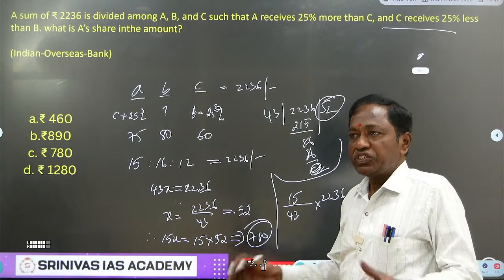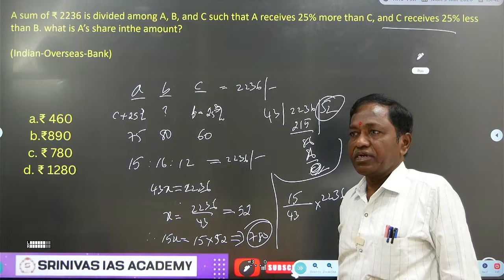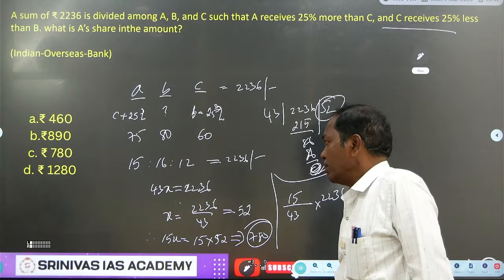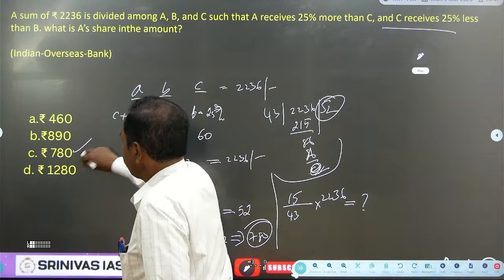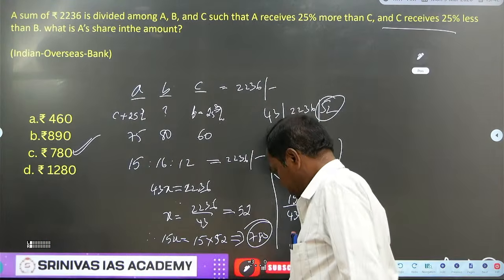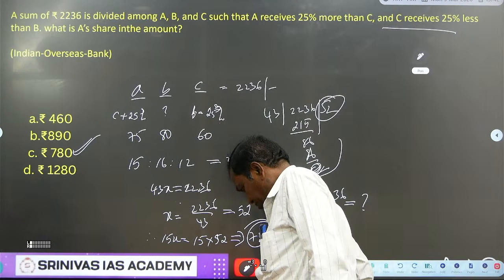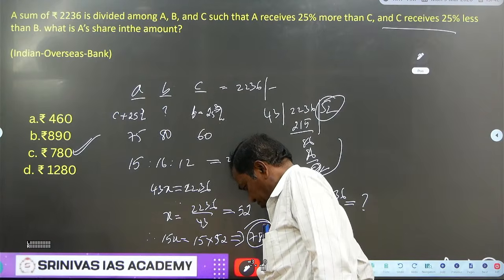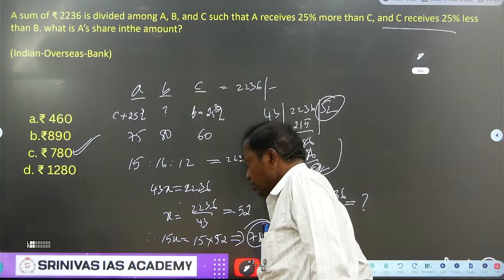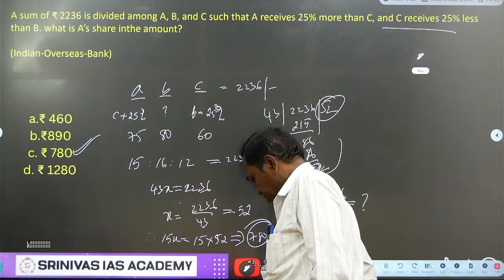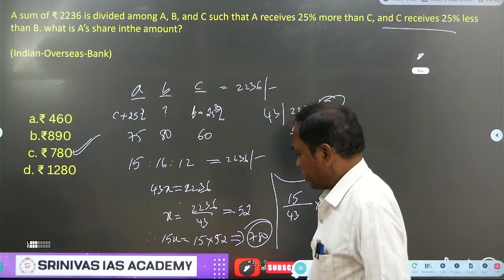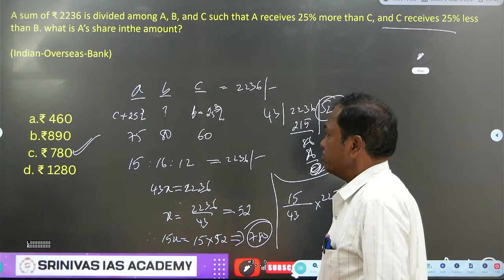If the question asks for the amount of each share, then the x value must be known. 780, option C. Not option A, see that, option C.